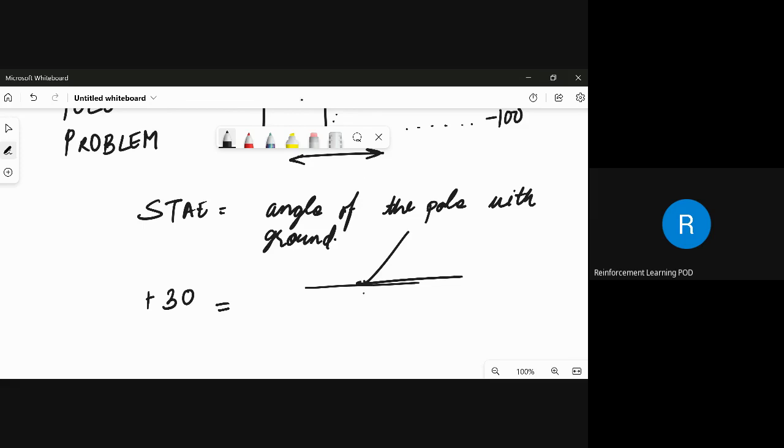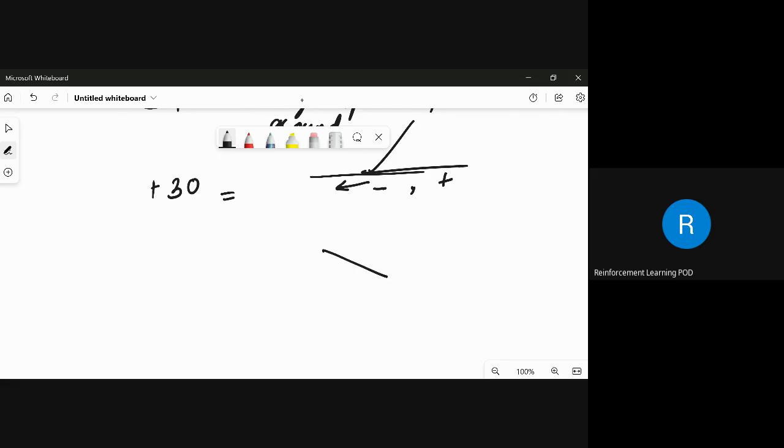Whenever there is a left action, where your hand or your base has to move left-hand side, there is a negative sign in front of it. Otherwise, it is positive. So your mu will be positive in this kind of situation. If we take another example where the angle is minus 30 degrees, you want to move your base left-hand side.